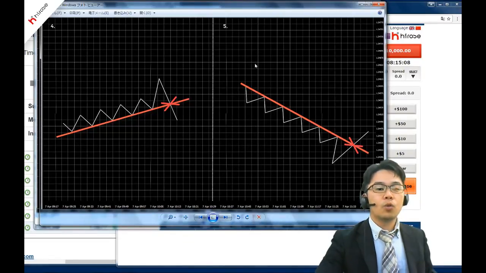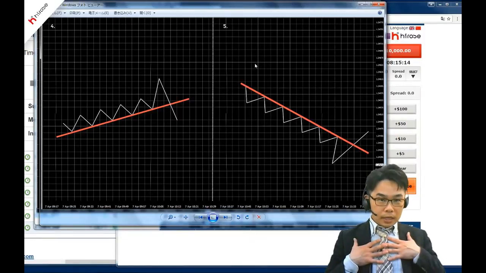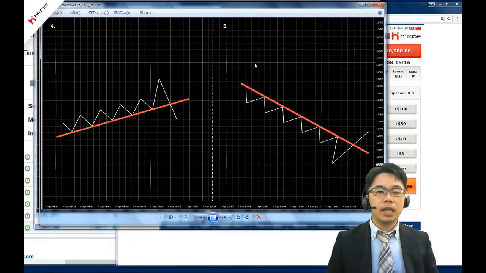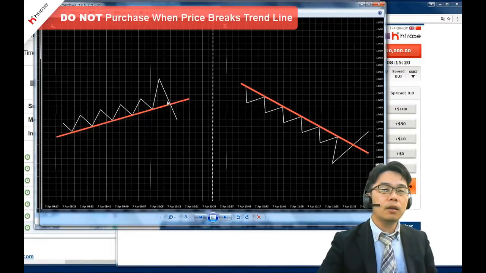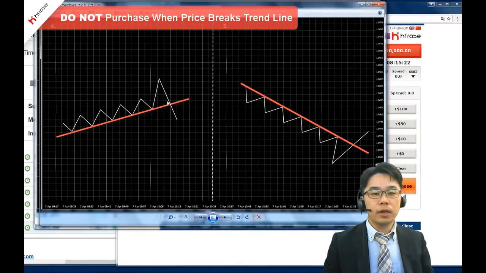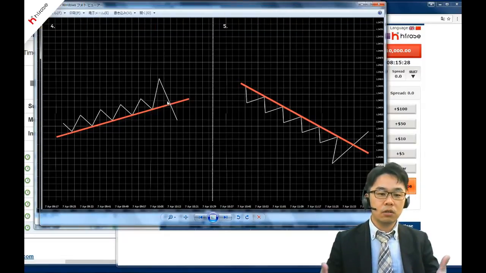When the market price is breaking through the trend line, I do not make any purchase, because there is a tendency that it might change direction.